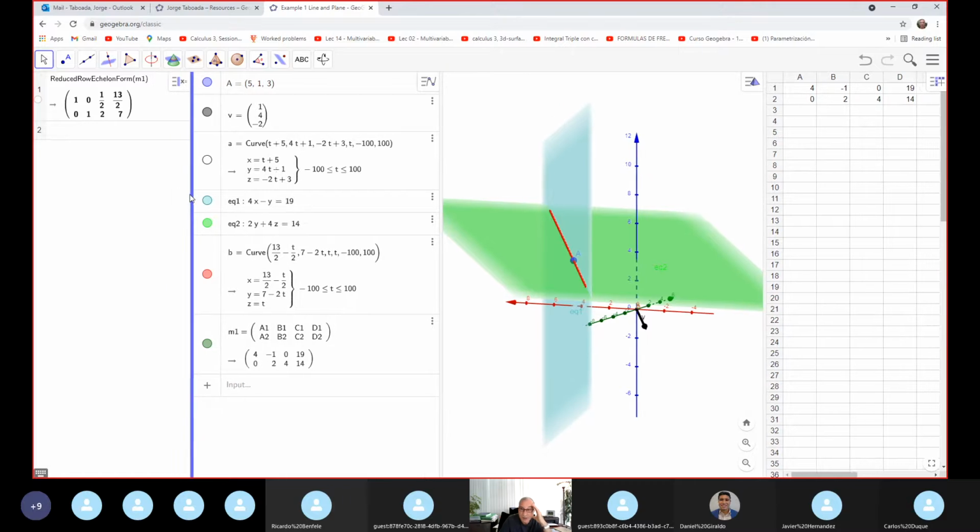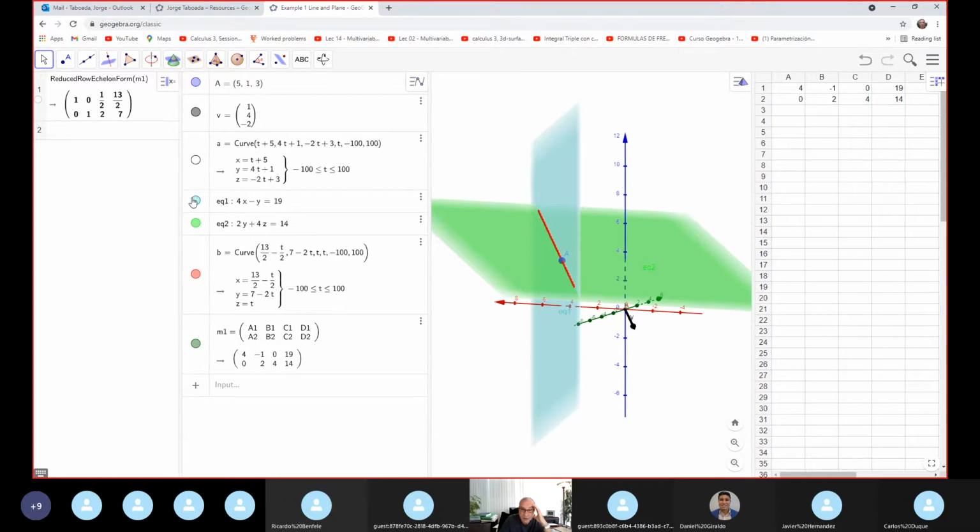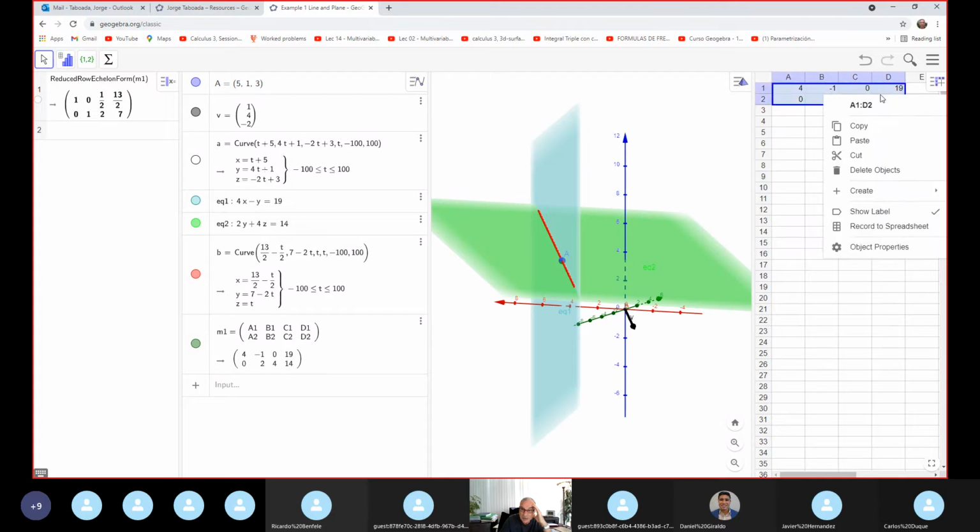Now, in the spreadsheet, I just type in the system. The plane: 4x minus y, z is missing, equals 19. And the other is the same: x is missing, 2y plus 4z equals 40. If I select these numbers like that, right click, and you select Create.